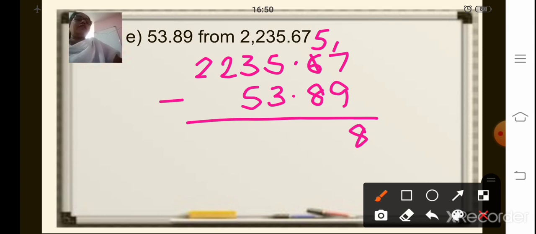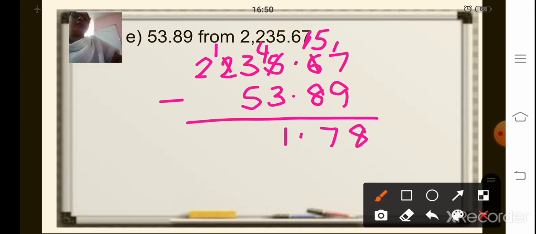Now again here 5 is smaller than 8. So borrow from this 5, this will become 4 and this number will become 15. Now 15 minus 8 is 7. Put the decimal point. Now 4 minus 3 is 1. Now again here from 3 you cannot subtract 5. So borrow from 2.